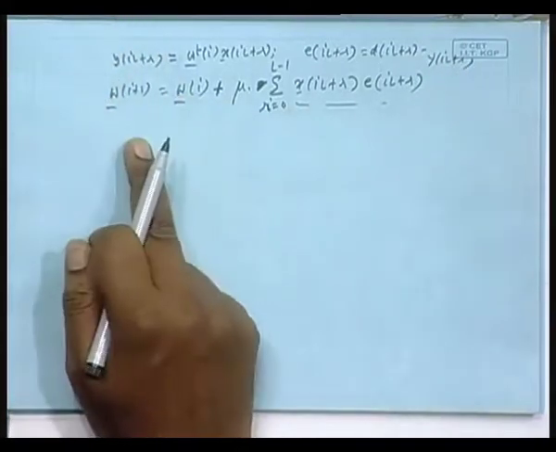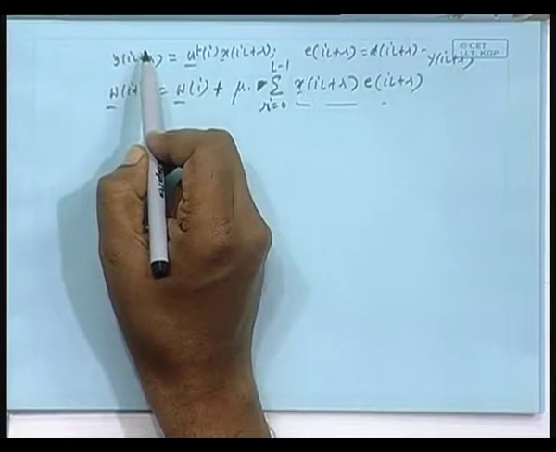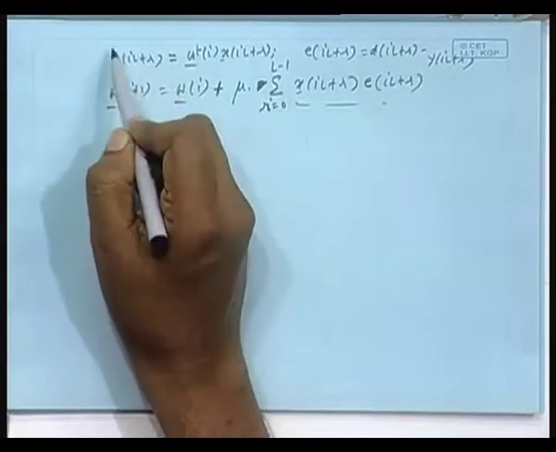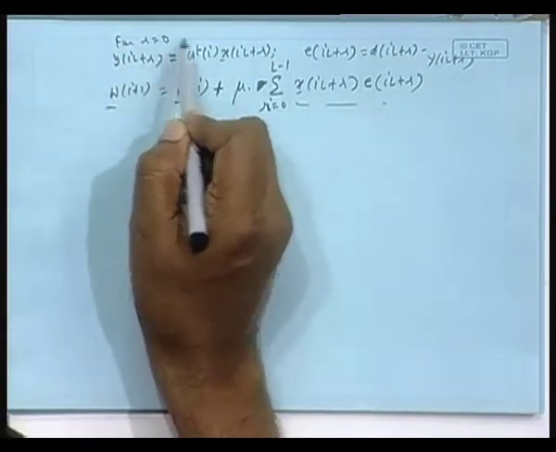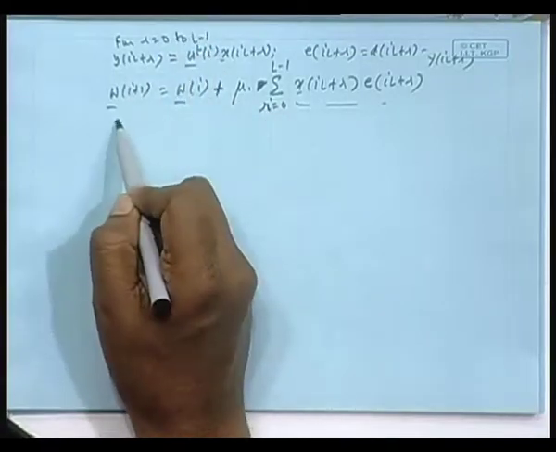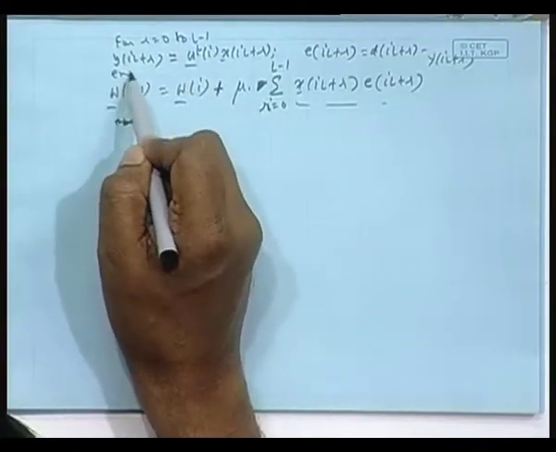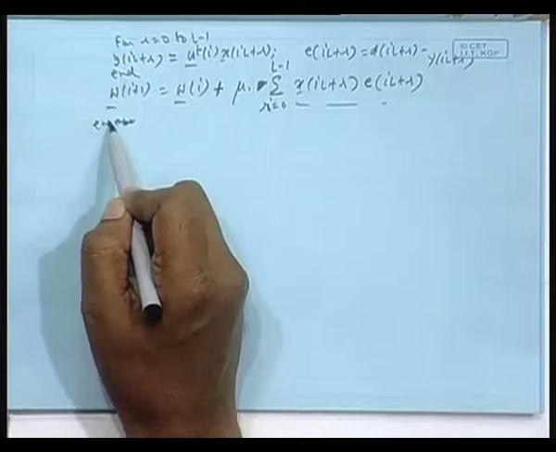This is pretty simple. For r equal to 0 to L minus 1, this is one loop, this will be the outer loop, on I.